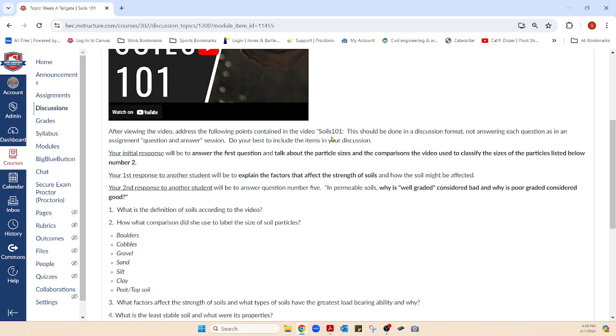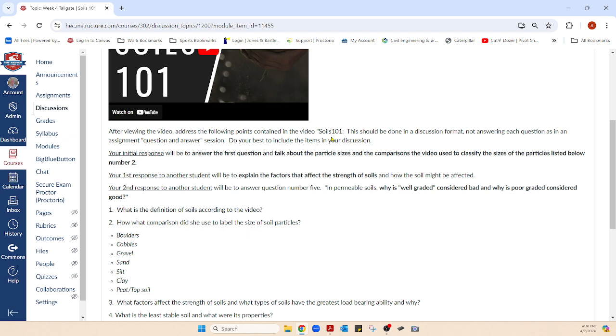Your first response to another student is worth up to 35 points. The up to depends on whether or not it's any good, whether you really tried to contribute to the learning community, or you're just passing through.